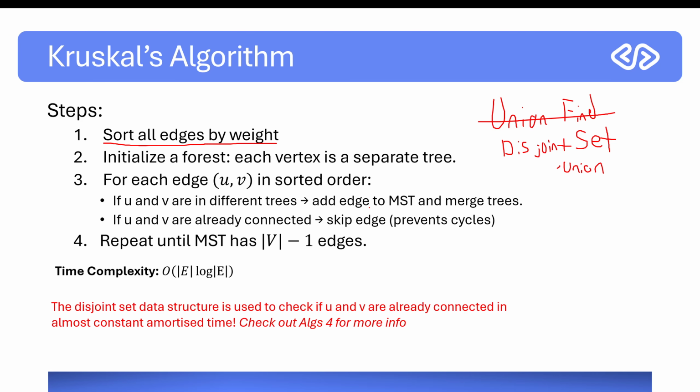Yeah, and we can just add the edge because, again, we sorted edges from smallest to biggest. And then we can also check through the disjoint set data structure if they are already connected, so we skip it. That will prevent cycles, because if they're already connected and we add the edge, then we're going to create a cycle.